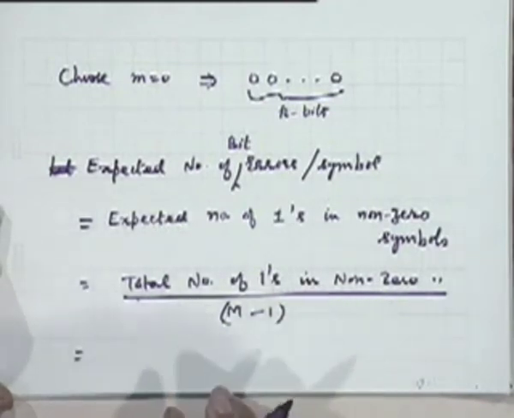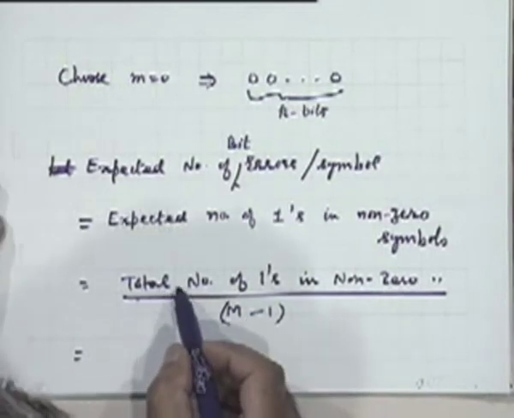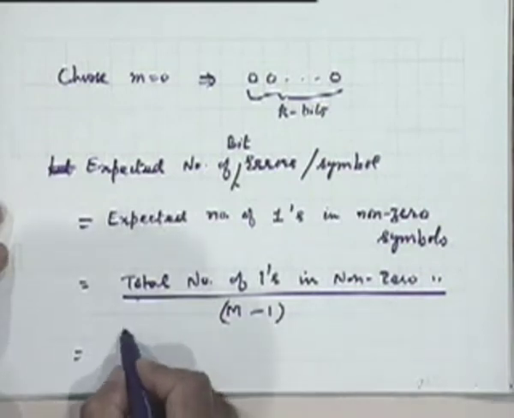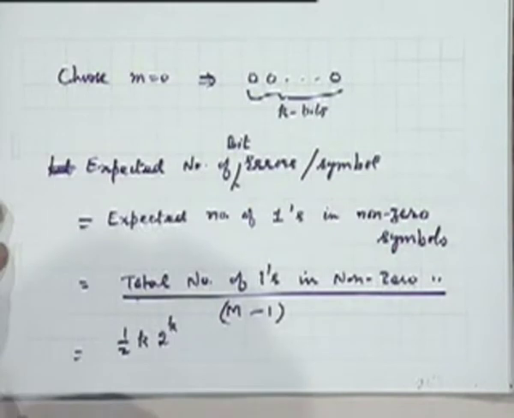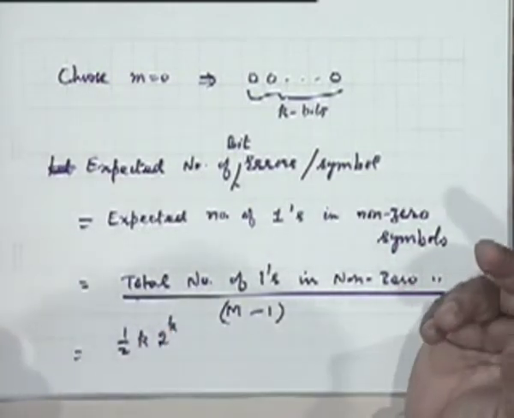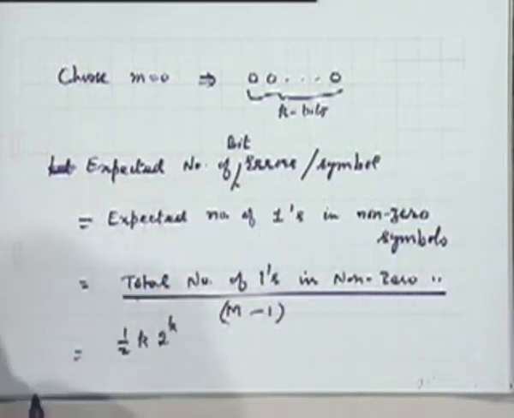Now it's very easy to check. This is an argument that you just have to sit down and do and verify, that one can count the total number of ones in all the non-zero symbols as equal to half k times 2 to the power k. It's in fact obvious, right? Because the maximum value is k, the minimum value is 0, the average value is k by 2, and there are 2 to the power k such words.